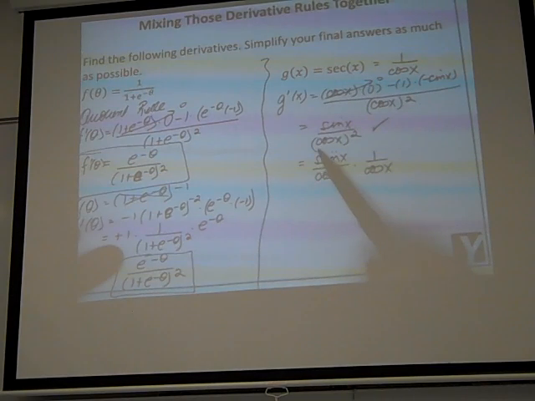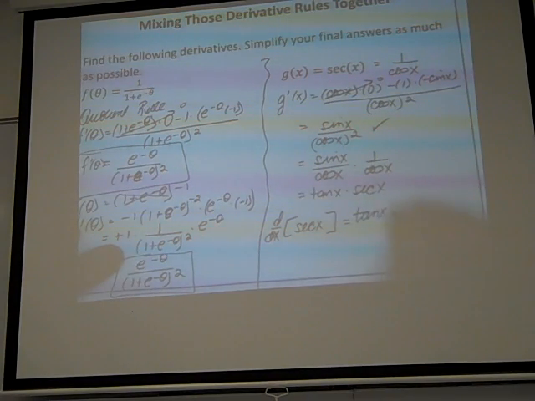Sine over cosine squared is the same as sine over cosine times 1 over cosine. Now, why did I do that? Because sine over cosine is the tangent. 1 over cosine is the secant. So what we've just shown is that the derivative of the secant is tangent times secant.